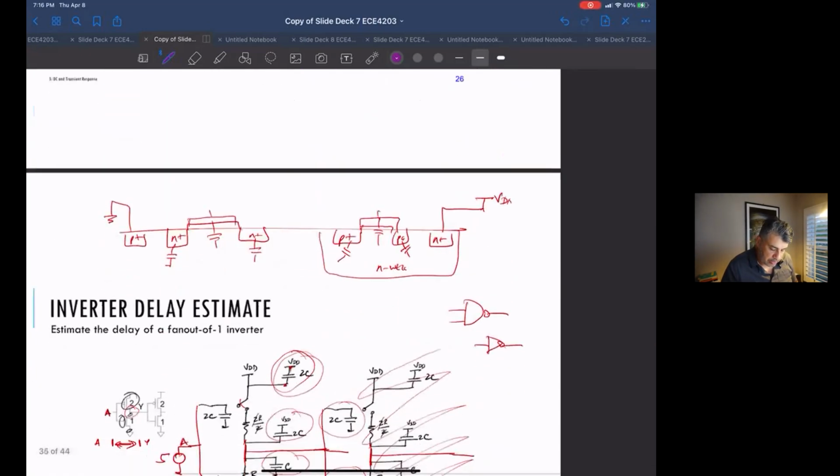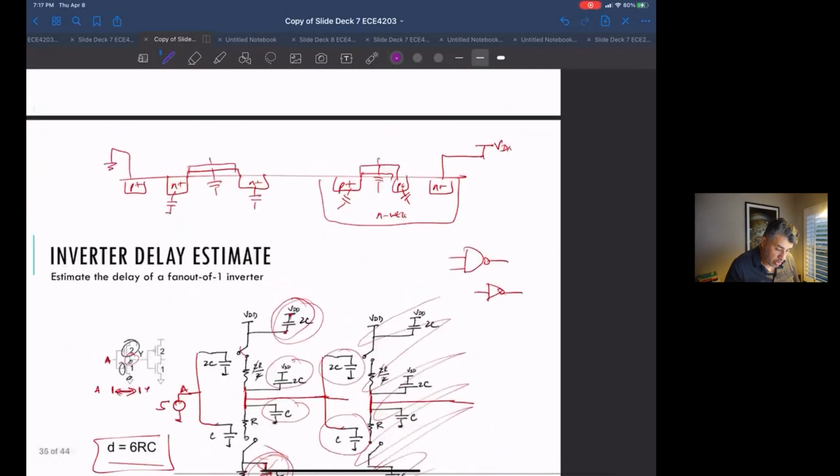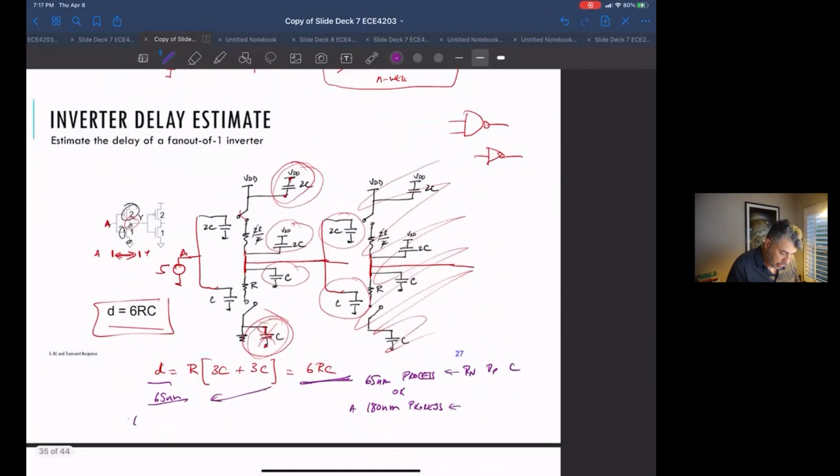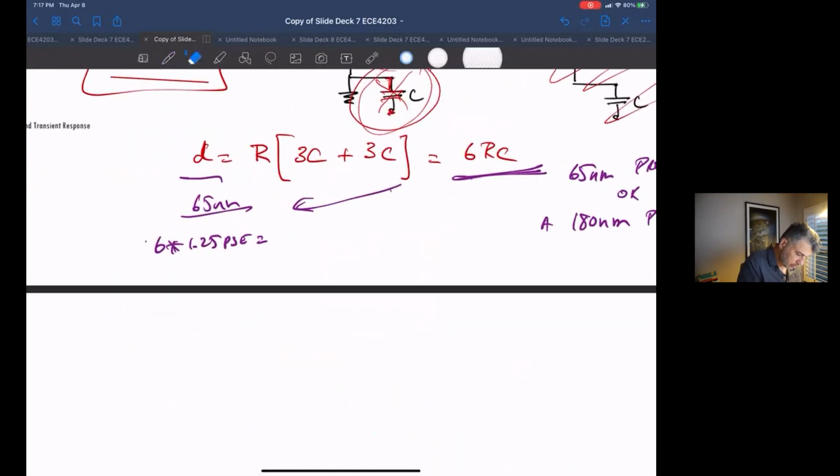Okay, so using the same 6RC thing, for a 65 nanometer process, the delay for that one resistor, for one inverter, is 6 times 1.25 picoseconds. So that ends up being 7.5 picoseconds.